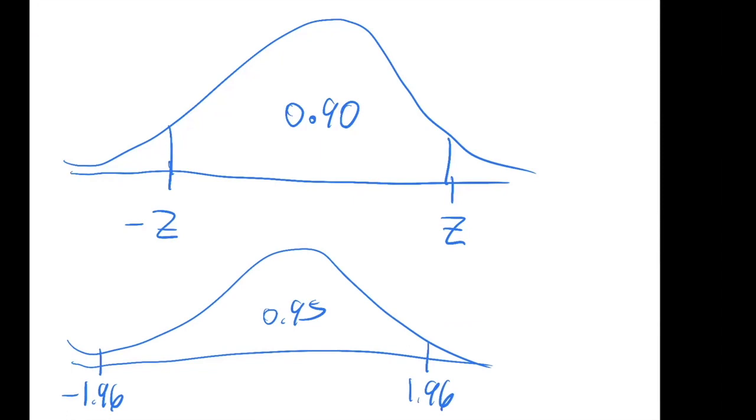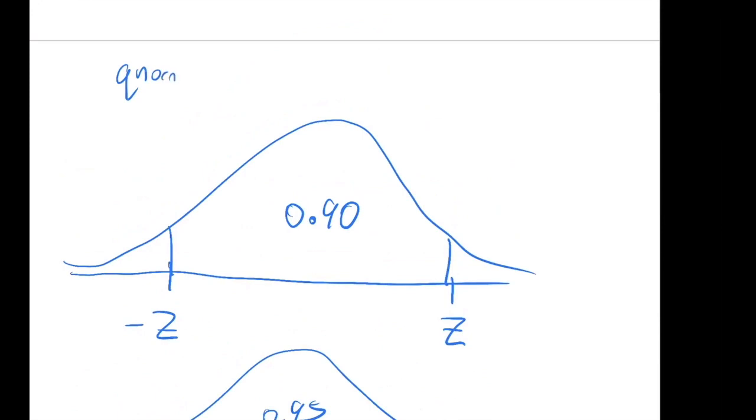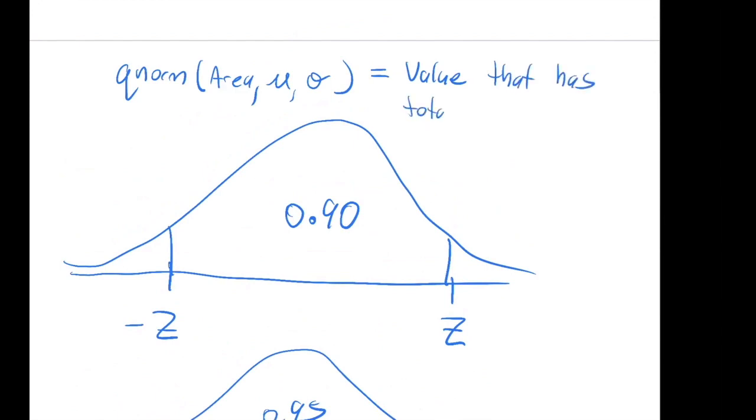And so what R does, if I use this qnorm function in R, the qnorm function tells me the quantile. It's a quantile function. So it's going to tell me what is the value of the random variable so that 95% of the values are less than it, for example.